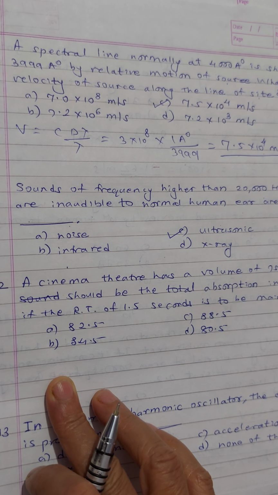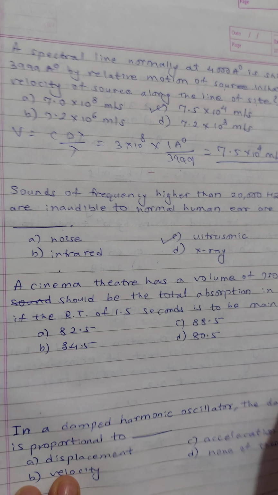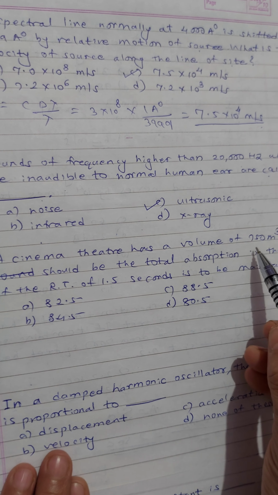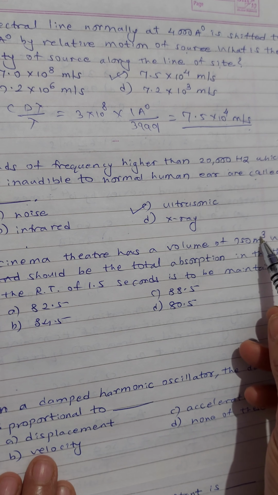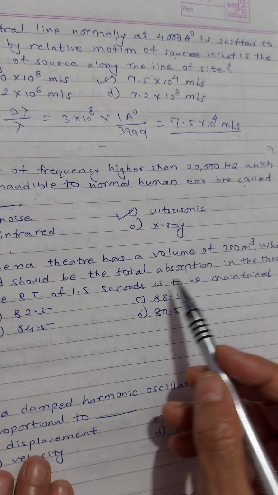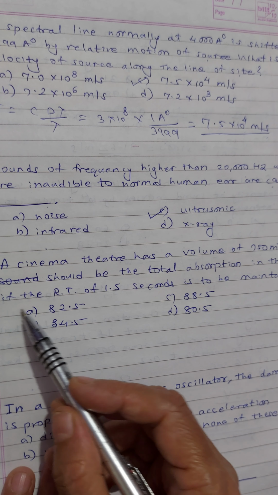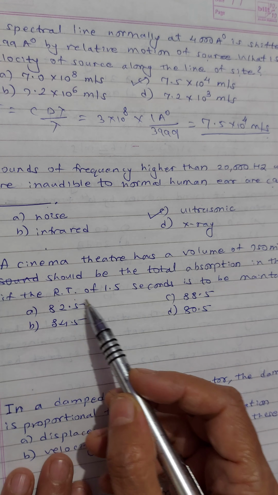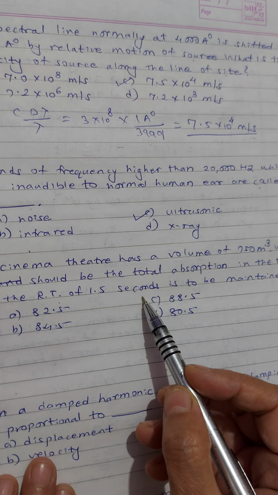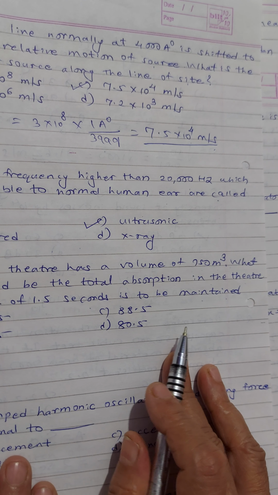Now we'll move to question number 12. Question number 12 says, a cinema theater has a volume of 750 meter cube. What should be the total absorption in the theater if the reverberation time of 1.5 seconds is to be maintained? This is the question asked.